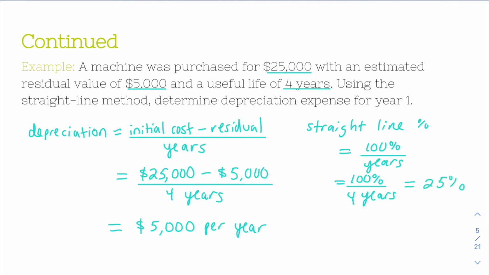And then you multiply that 25% times the depreciable cost, which is $25,000 minus $5,000. So $20,000 times 25% is also $5,000 per year. So whichever you'd like to use, they both get you the same answer. Okay, so that's the straight line percentage method. That's the straight line depreciation method.